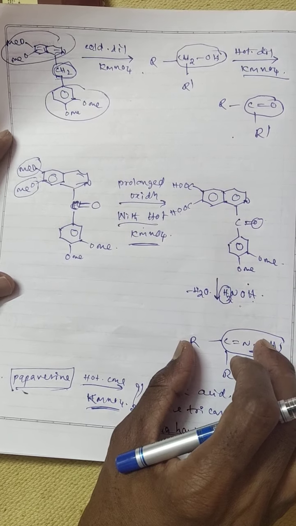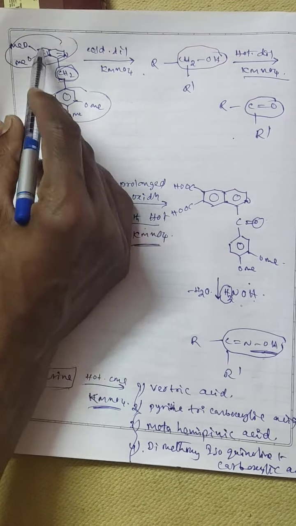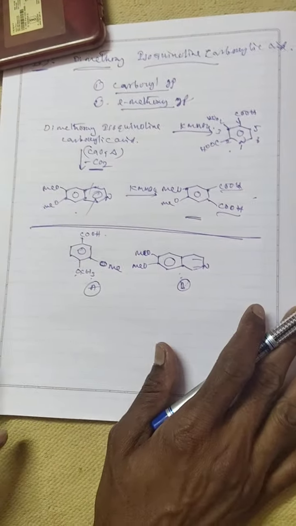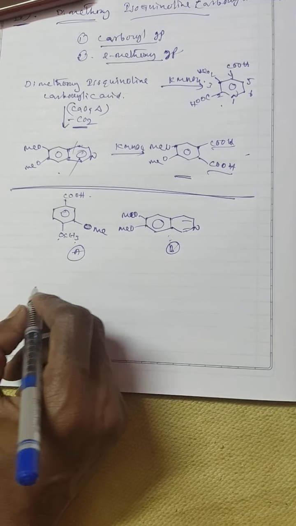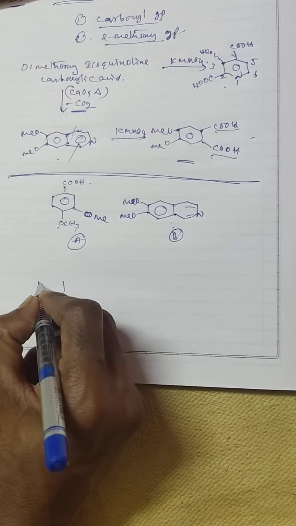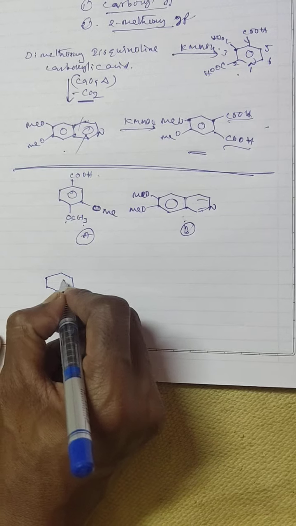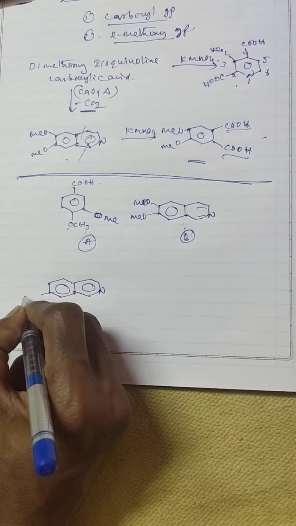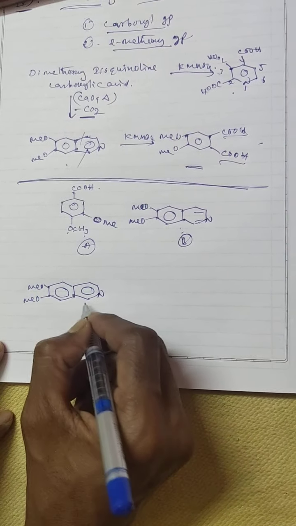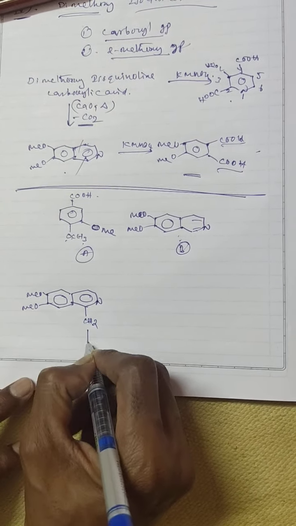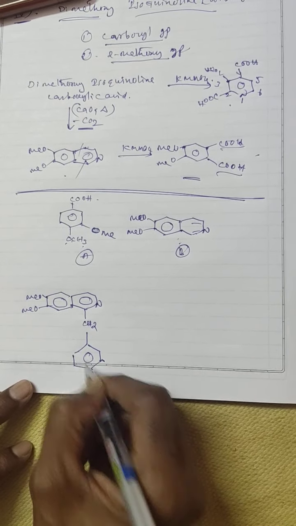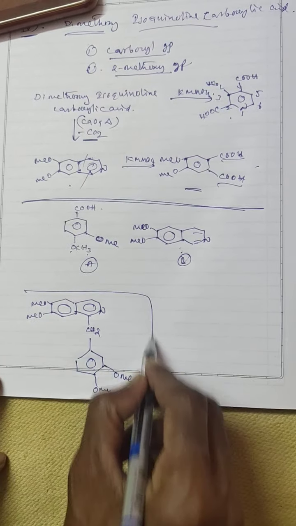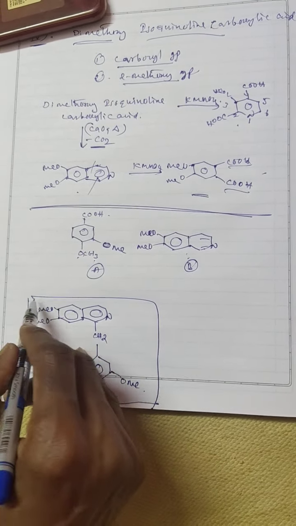So this reaction shows that A and B compounds must be linked with a methylene group. So the papaverine structure is isoquinoline and 2 methoxy groups, which is linked through the methylene group, right? So this is the total papaverine structure.